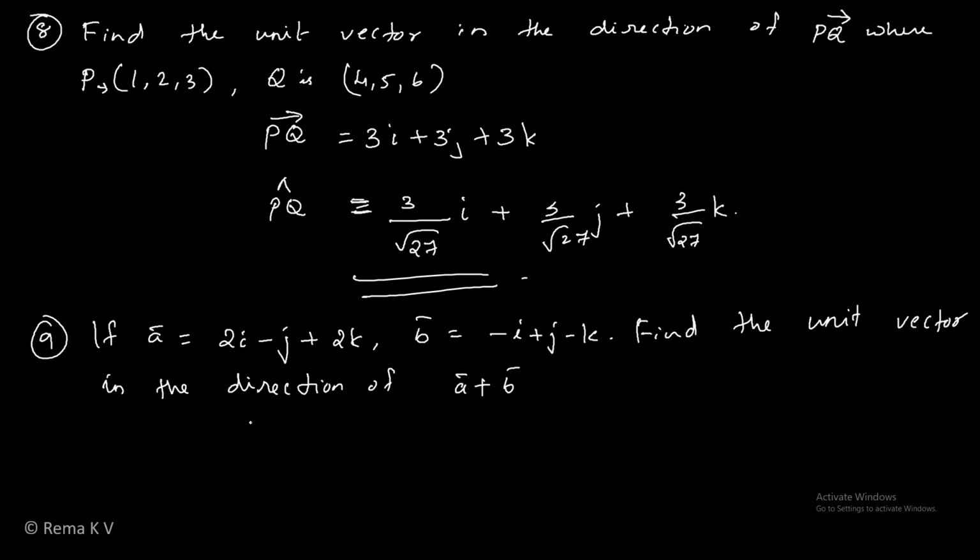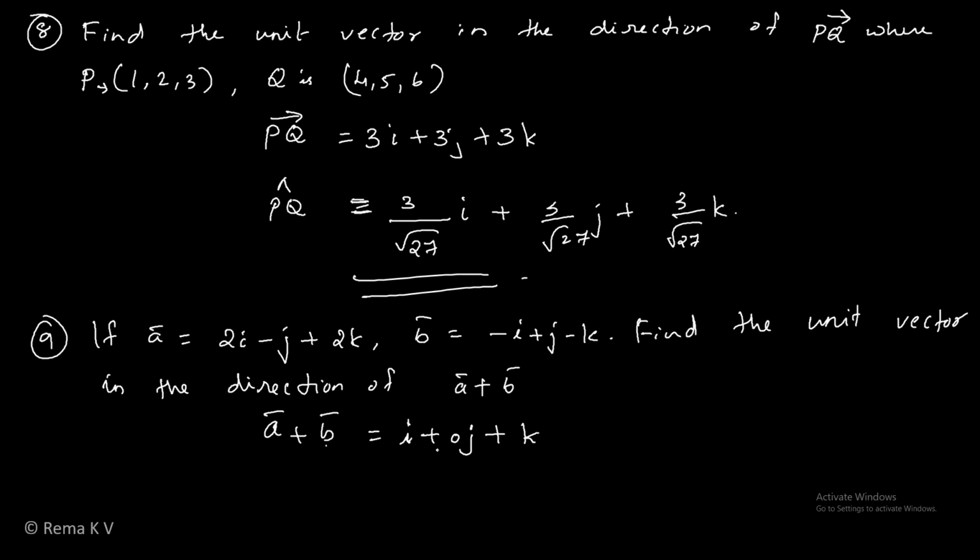So first you have to find vector A plus B. A is 2i, minus i gives i; 2 plus minus 1; then minus 1 plus 1, it is 0j; then plus 2 minus 1, plus k.